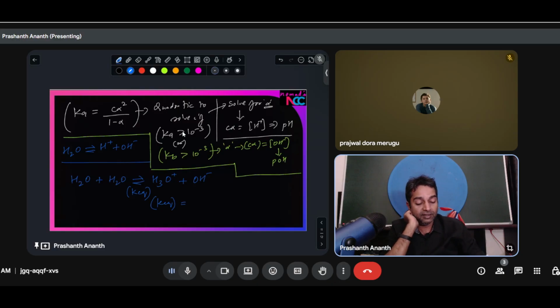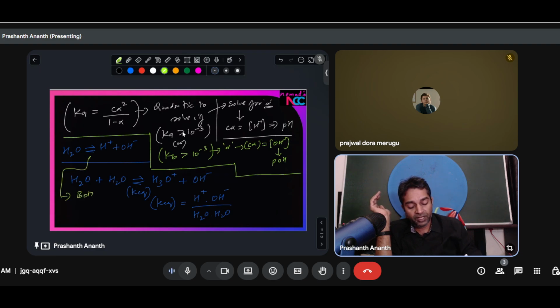So when scientists did this, they effectively had the equilibrium working out like this. It was actually H plus into OH minus divided by H2O into H2O. Now they realized that water is something which is behaving like a weak acid and as a weak base. So technically, having some way to compare it with a normal weak acid and a weak base is mathematically very useful always.